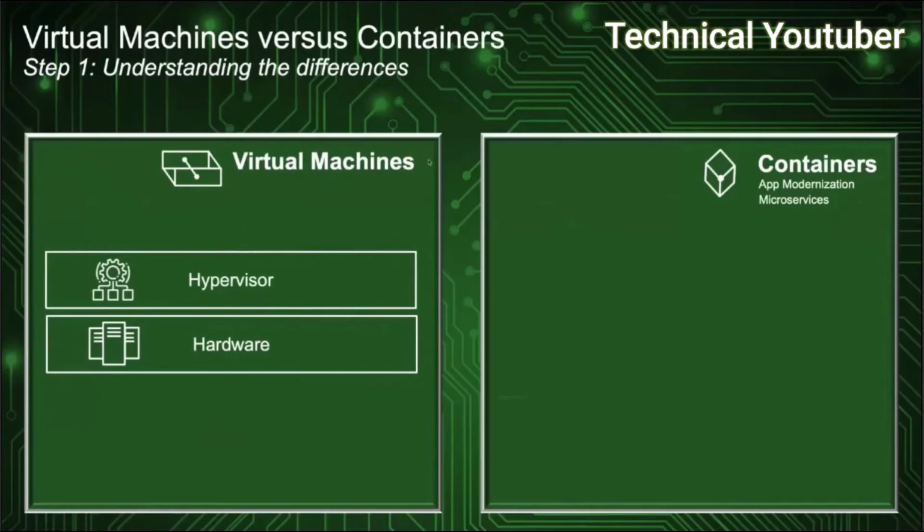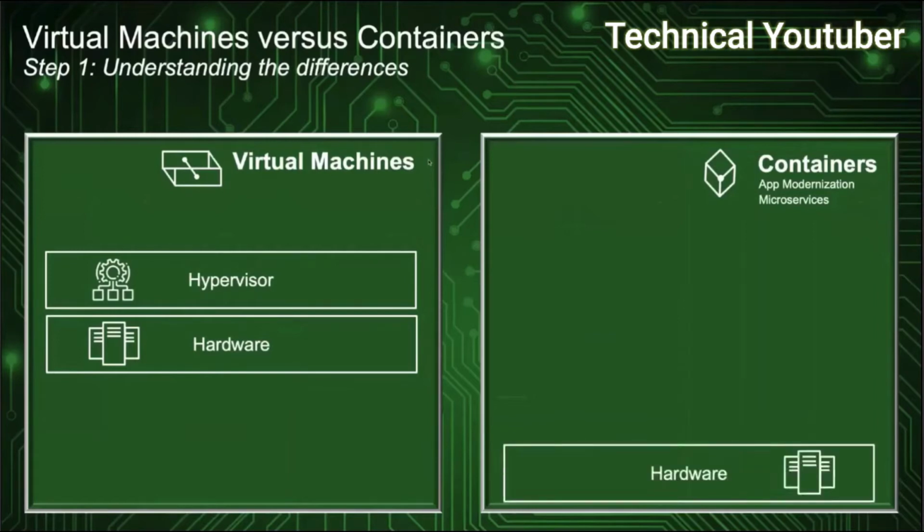And what we have on top of the hardware is what's called a hypervisor. The hypervisor is the technology that is responsible for creating these virtual instances of each of the components that make up our virtual machines. We're talking about processors, RAM, storage, and network cards. All of these things are being virtualized by our hypervisor.